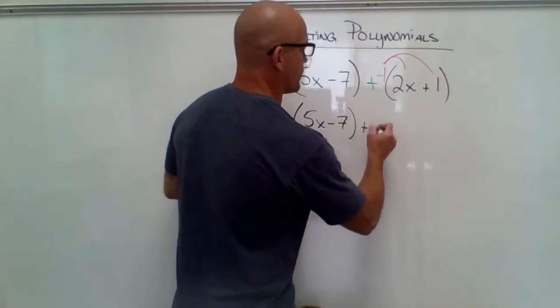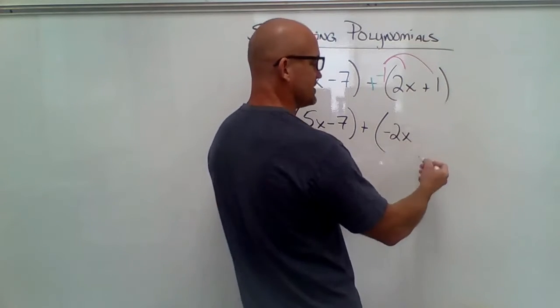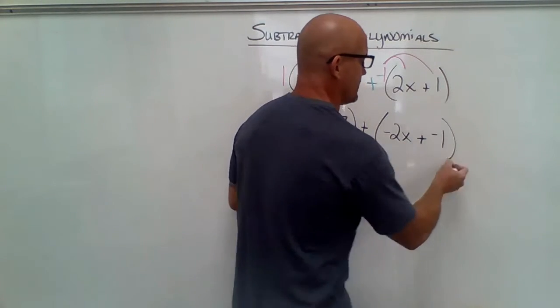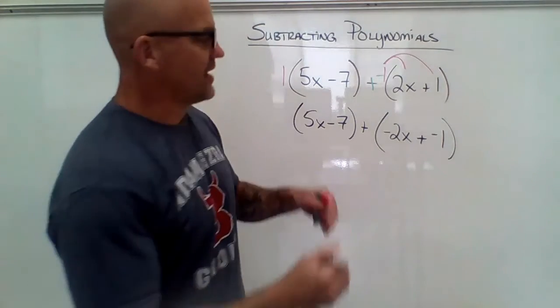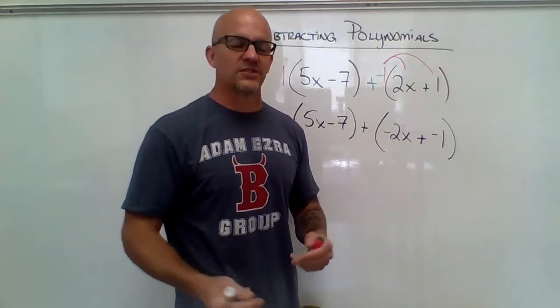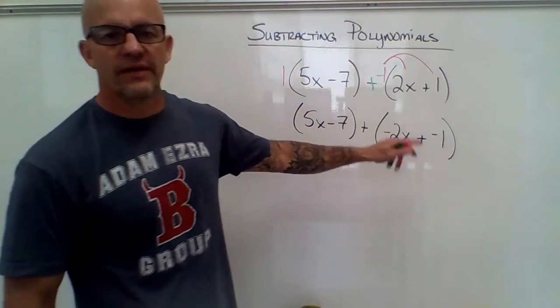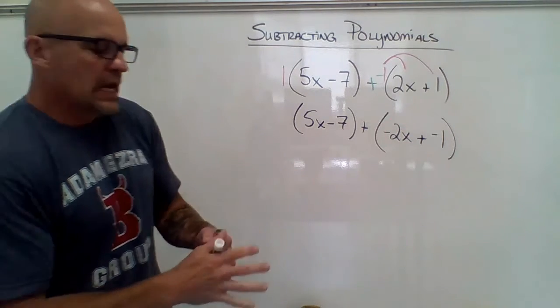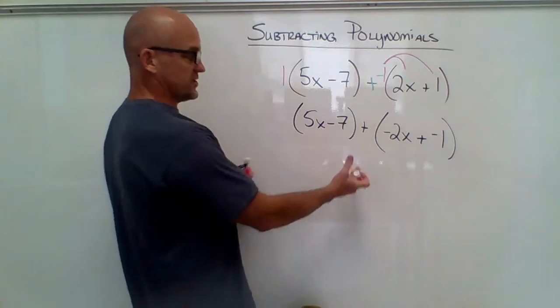Over here, however, when I distribute the -1, that becomes -2x plus a -1 or -1, however you prefer viewing that. Adding a negative and subtracting, as we just said with the definition of subtraction, same thing. So if you prefer subtraction here, do it. If you like the plus and -1, do it. Never really mattered to me. So now I'm going to identify my like terms because it's now addition.